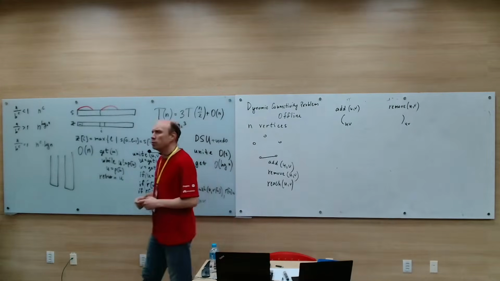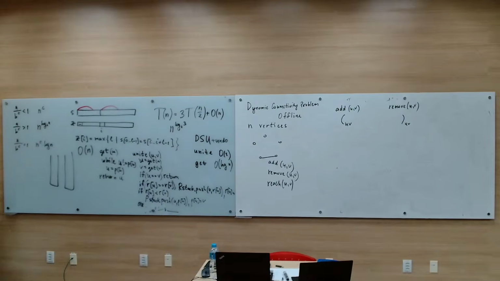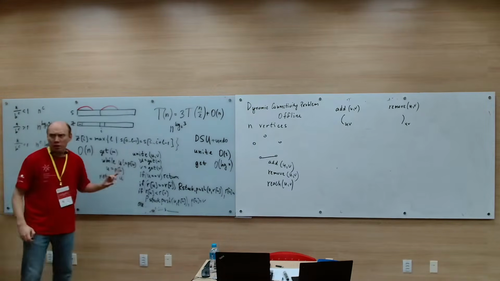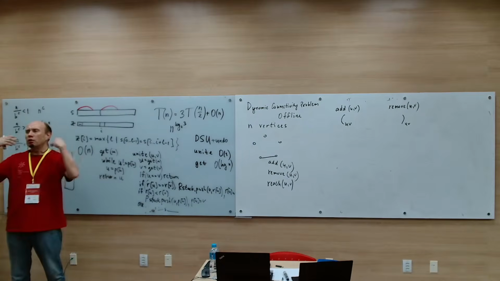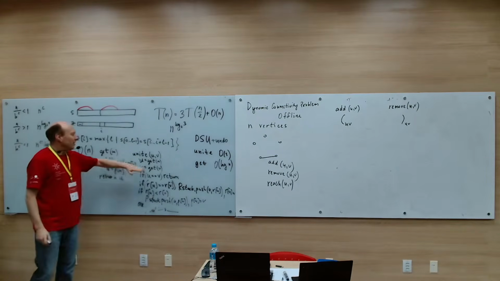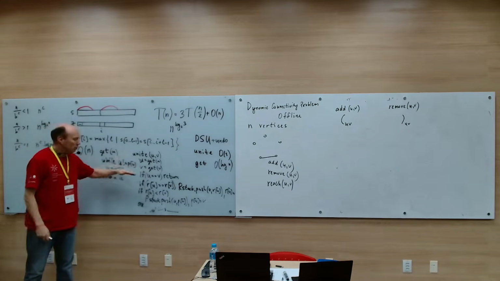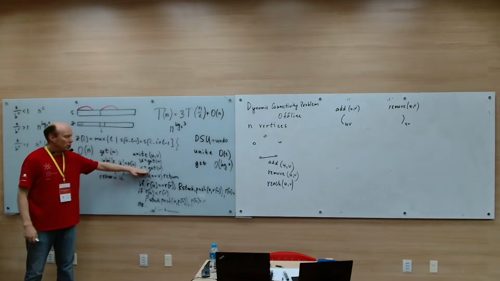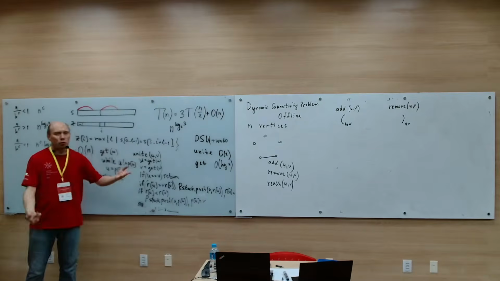Another question? Unite equals okay, so it will also be logarithm. I think he's saying that the unite function uses the get function. Unite uses get, yes, but we don't count them here. You usually do not count them inside unite, and you just call these gets outside of unite.